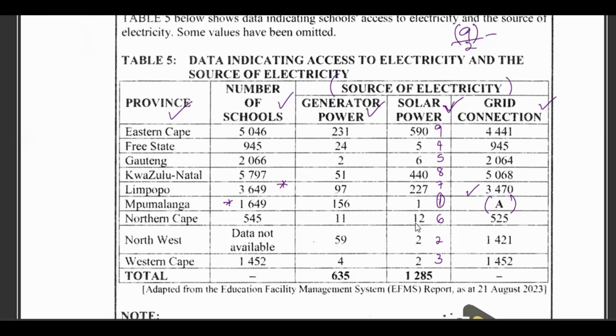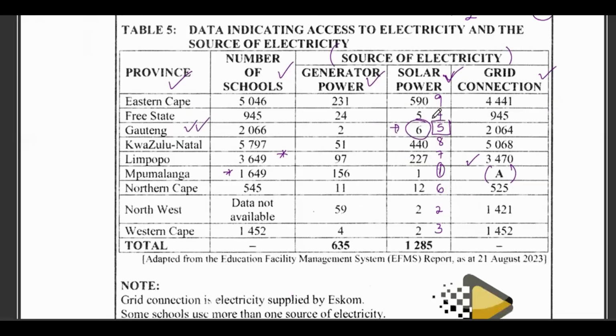9 divided by 2, you end up having 4,5. That means the number in the 5th place will be the median. Let's see our number 5. Yes, indeed. 6 is the median because it's in position number 5. So, Gauteng.